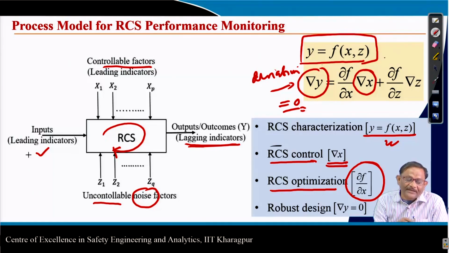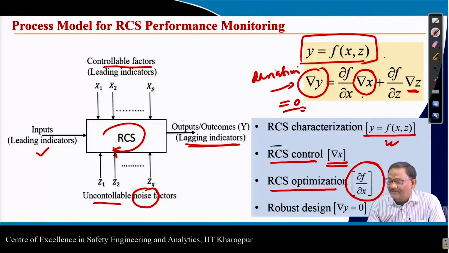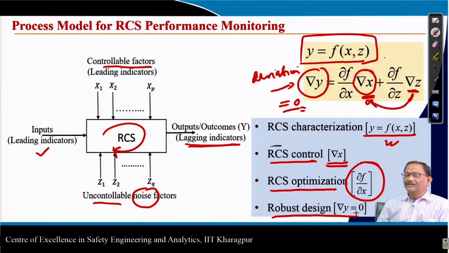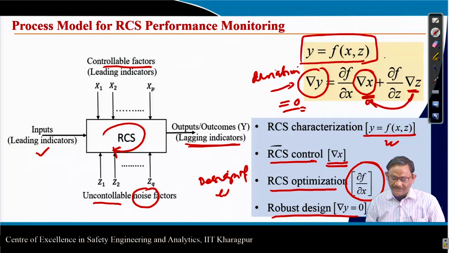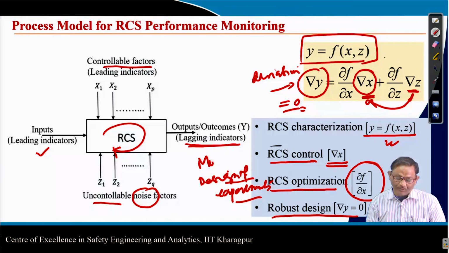Otherwise I can say you take actions on the control factors in such a manner that delta y will be 0. Then the delta z and delta x relationship you encash. If you control the x in such a manner that the z or noise effect is minimized, this comes under robust design. This concept is not my concept. I have taken this from the design of experiments point of view. This concept is available in the design of experiments book written by Montgomery.